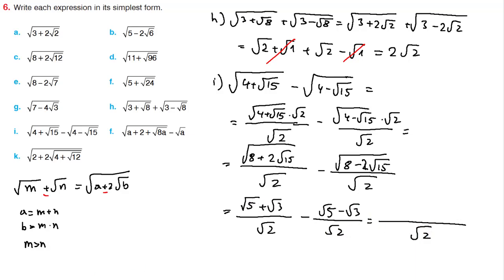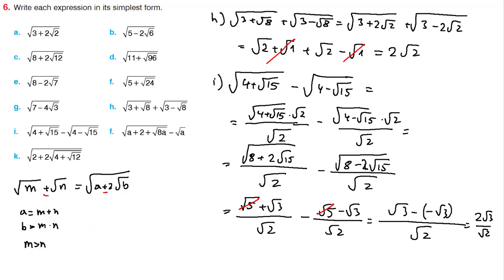Now square root of 5 minus square root of 5 cancels, so square root of 3 and square root of 3 makes 2 square root of 3. But let me write it step by step here. So it will be square root of 3 minus negative square root of 3. That will make it positive, so 2 root of 3 over root of 2.